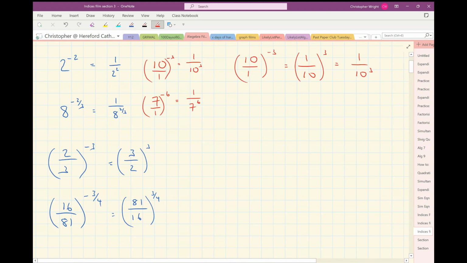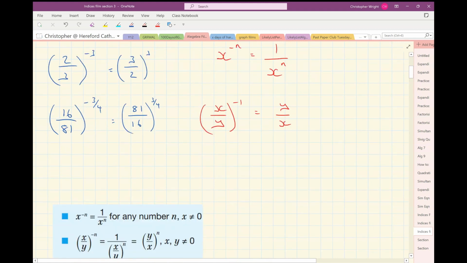But the honest truth is that you're probably simply going to remember that x to the power of minus n is 1 over x to the power n. Or similarly, x over y, to the power of minus n, is the reciprocal, y over x, to the power of n.